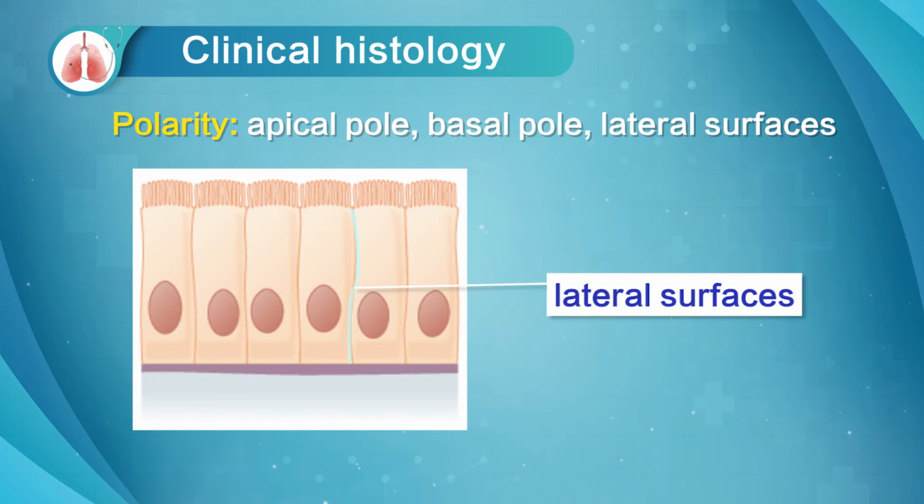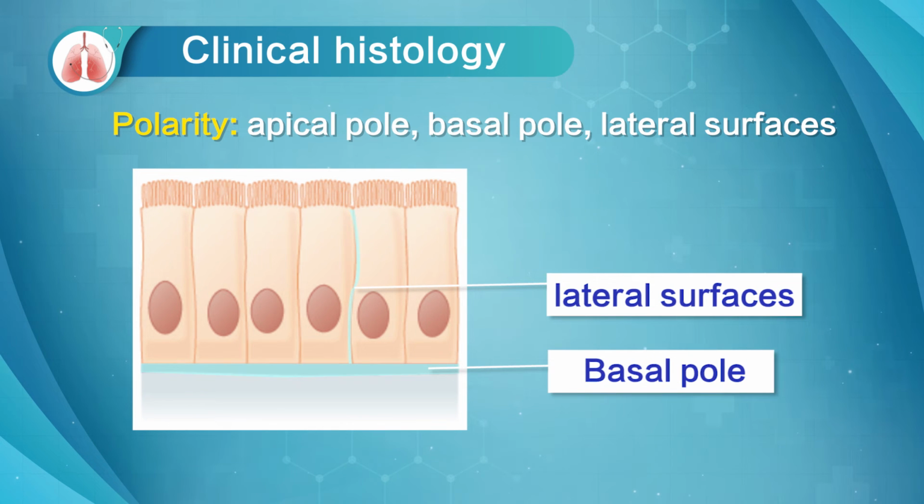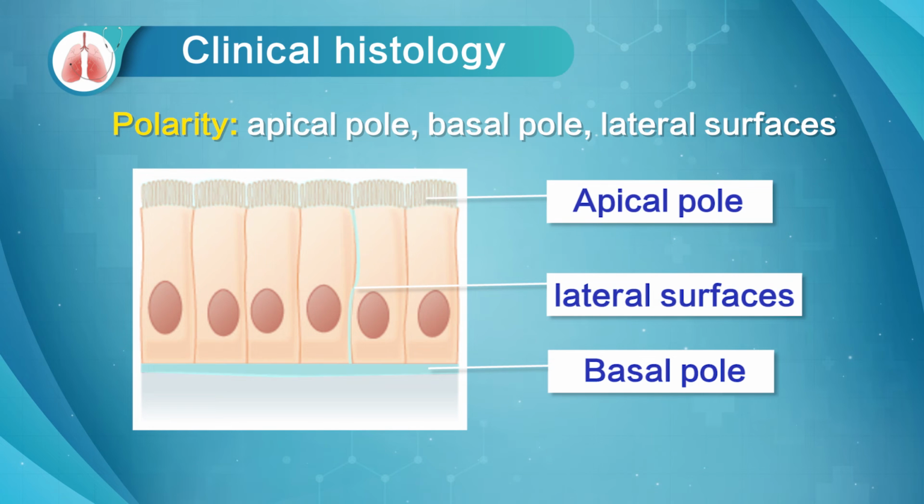Cell membranes here often have numerous folds which increase the area and functional capacity of that surface. The part of the cell next to the extracellular matrix and connective tissue is called the basal pole, and the top surface, usually facing a space, is the apical pole, with the two poles differing significantly in both structure and function.